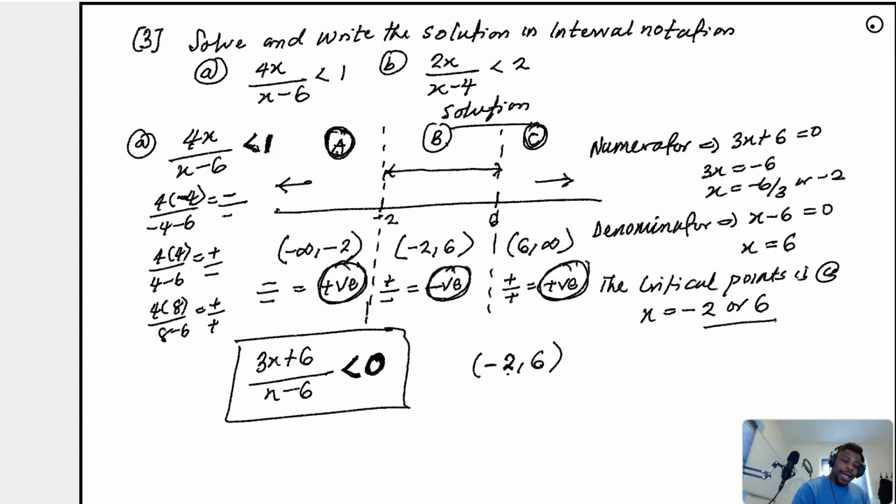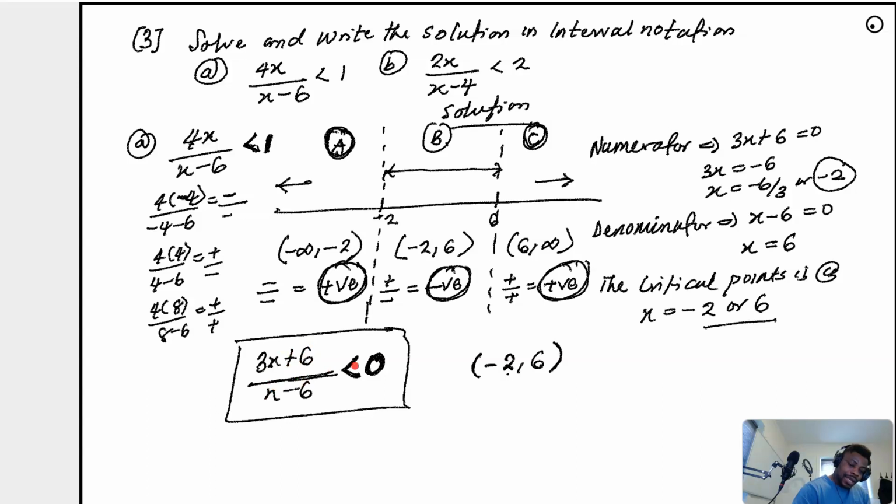So now the last part is to check our solution to see if this is represented well. Remember, we're only interested in the numerator. The critical point from the numerator is minus 2. So if I put minus 2 here, 3 times minus 2, that is minus 6, plus 6, that will be 0. So everything on the left is 0.